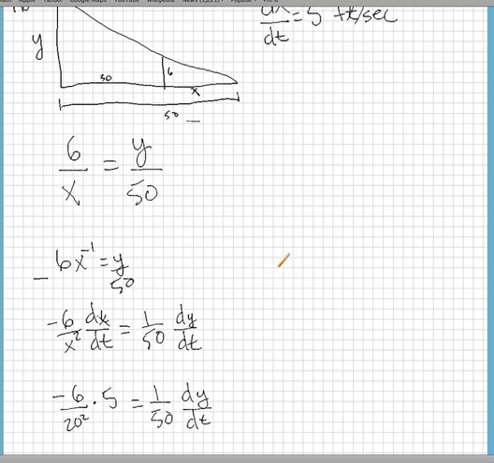So now we'll get negative 30 over 400, and then times 50 on both sides, and that'll get dy/dt all by itself. So that actually comes out to negative 3 over 8, and that's in feet per second.